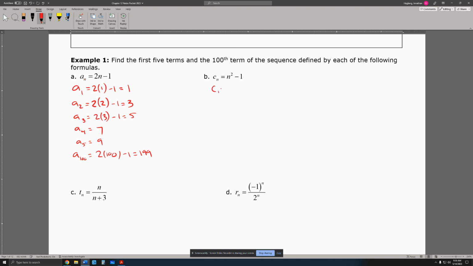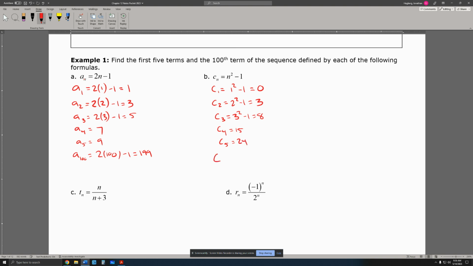So c1 is equal to 1 squared minus 1. That's equal to 0. c2 is equal to 2 squared minus 1, and that's equal to 3. c3 is 3 squared minus 1. That's equal to 8. And c4 is equal to 15. c5 is equal to 24.